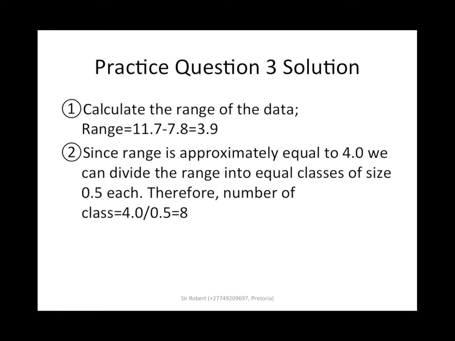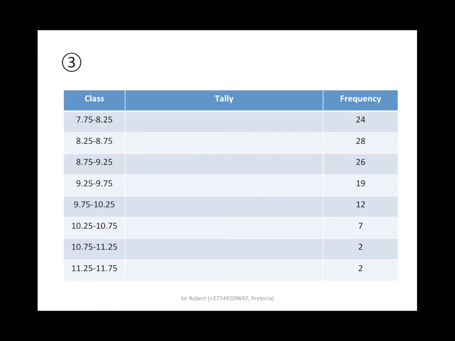So let's move on. Because you are using 0.5, for this range I'm starting from 7.75 to 8.25. So I'm using a difference of 0.5 for each class.